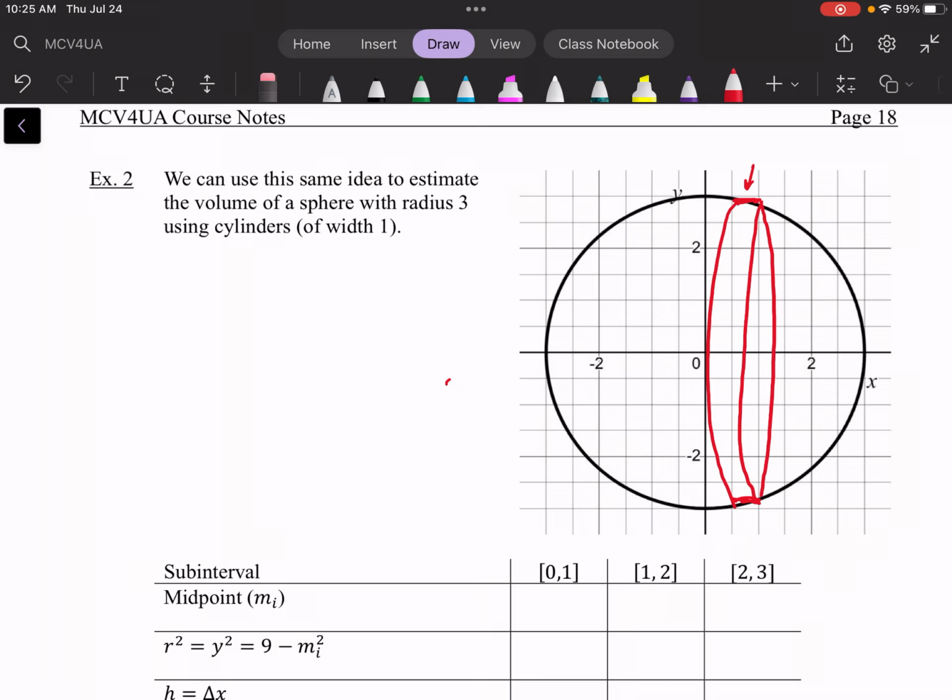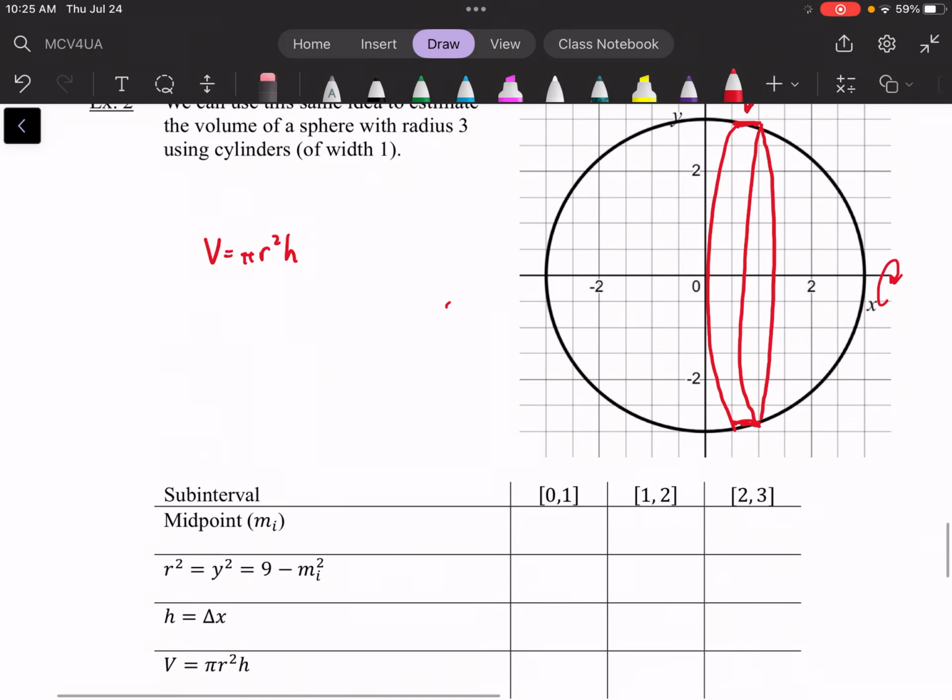A sphere, if you actually rotate this circle around the x-axis like this, you'll get a sphere as a shape. Now we know the volume of a cylinder. The volume of a cylinder is given by pi r squared h. I'm going to use the subintervals of 0 to 1, 1 to 2, and 2 to 3 to help me work this value out.